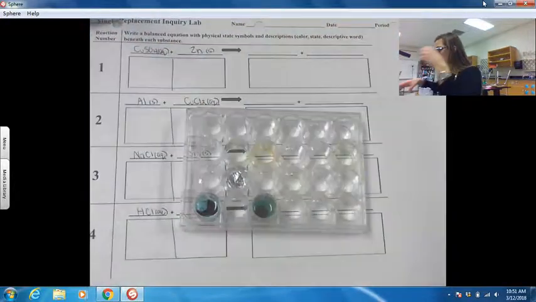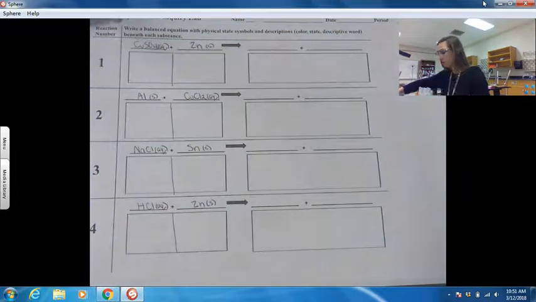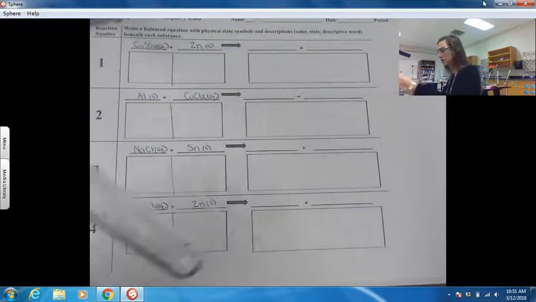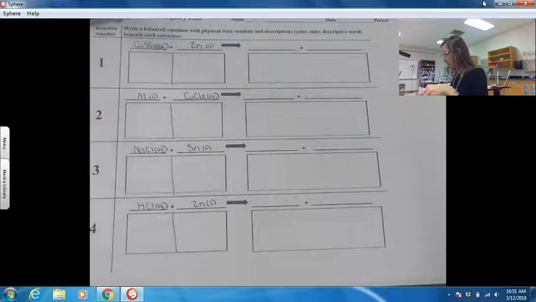The next one we're going to do is our hydrochloric acid one. We're actually going to do that in a test tube because we're dealing with acid, so we have to be a little bit careful. So this one says to put in hydrochloric acid.